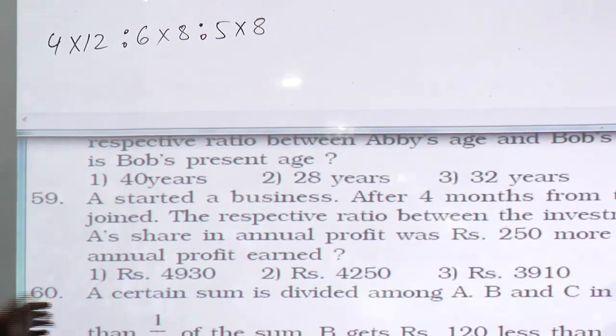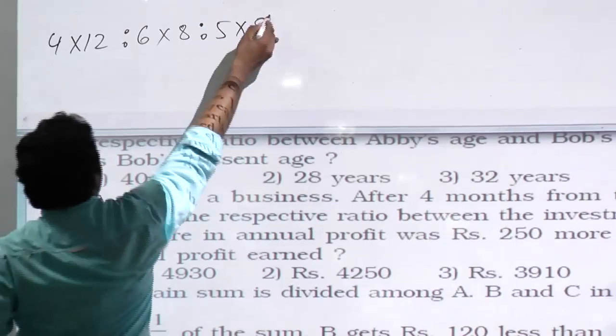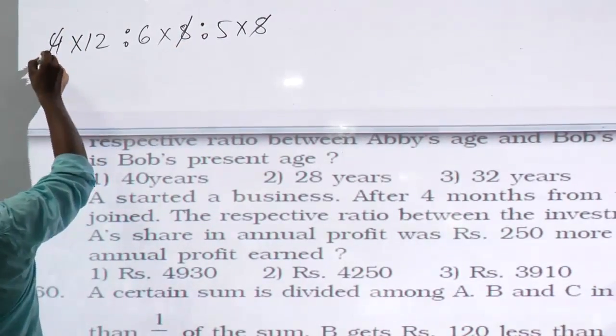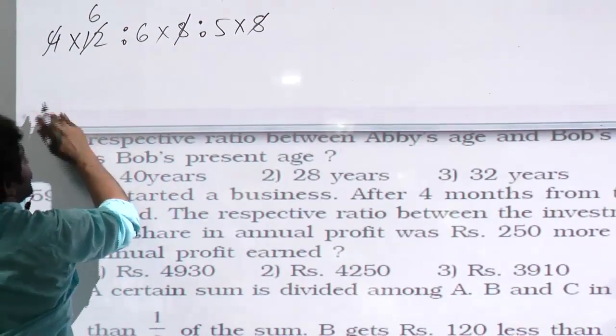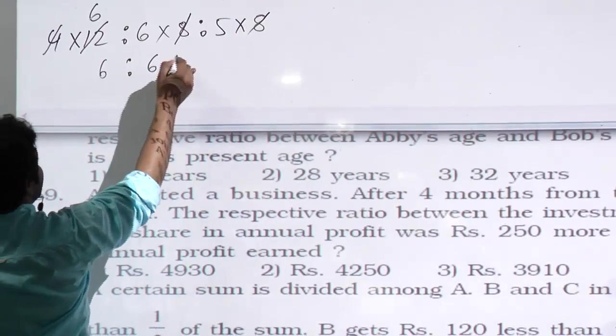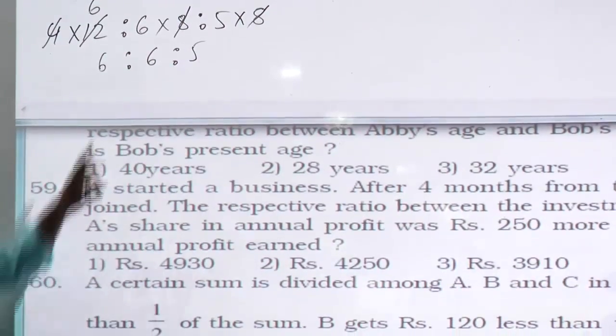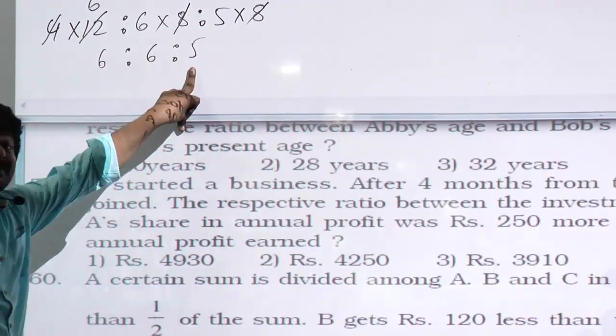And everywhere you can see an 8 multiple. 8, 8, 4 ones, 2 6 times. So the ratio becomes 6:6:5. So A gets 6 parts, C gets 5 parts.